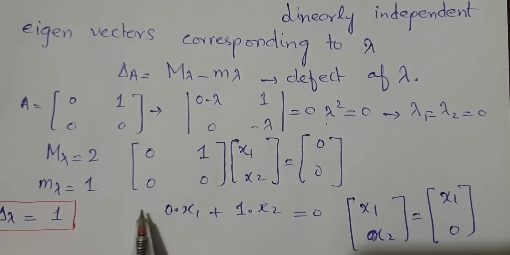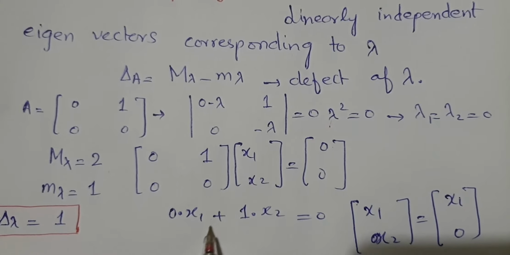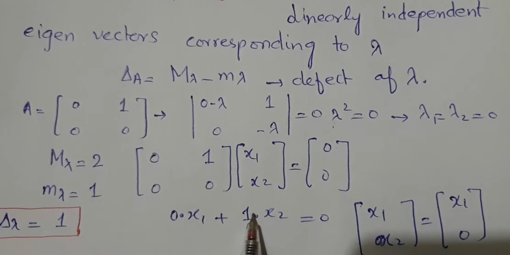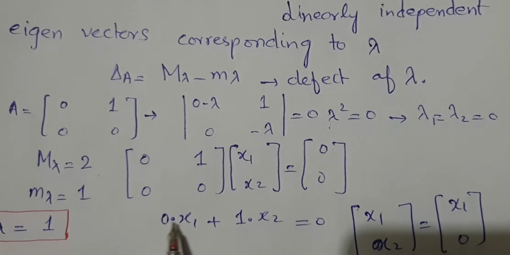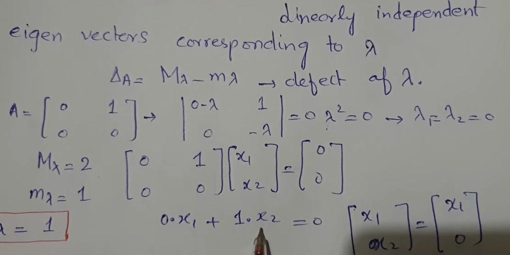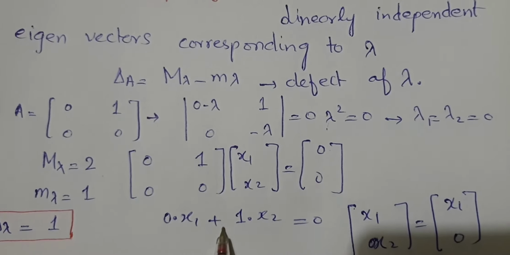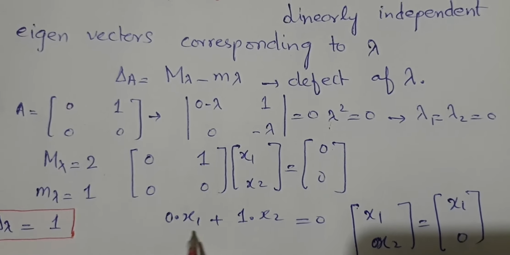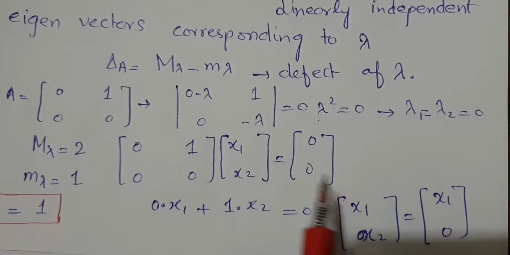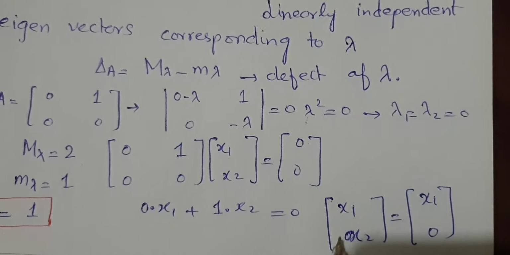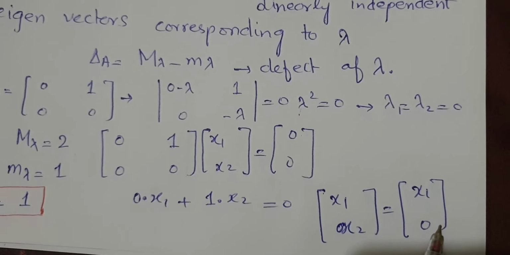This equation shows that 0 multiplied by any non-zero value of x1 plus 1 multiplied by x2 should be equal to 0. So I can choose any non-zero value of x1, but x2 must be equal to 0 so that both sides of the equation are satisfied. So x1 can be any non-zero real number and x2 must be equal to 0. Its eigenvector came out to be [x1, x2] equal to [x1, 0].